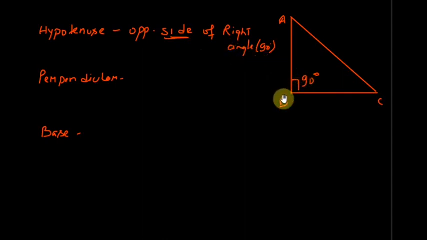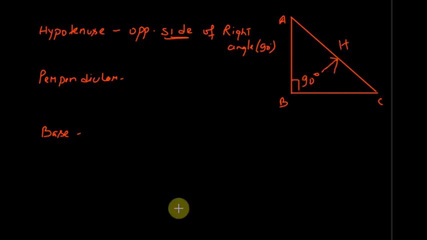We have the right angle here, that is B. So what is the opposite side? This one. The opposite side of angle B is AC. So the hypotenuse in this example will be AC.